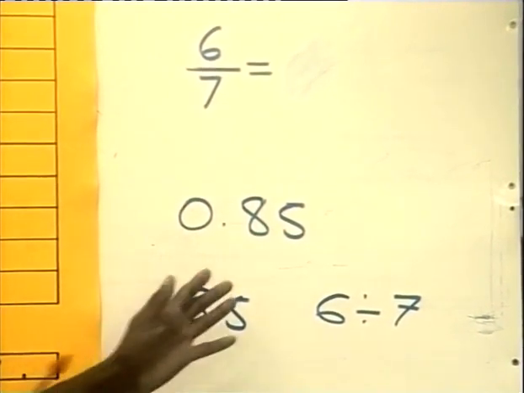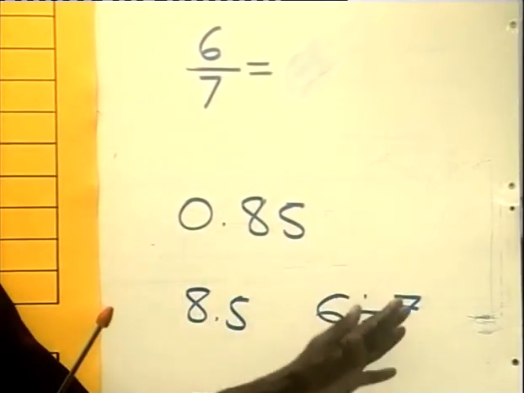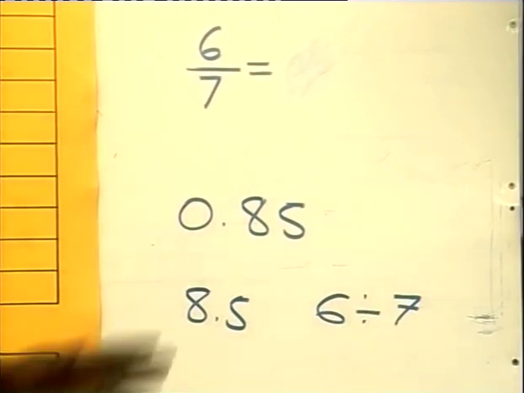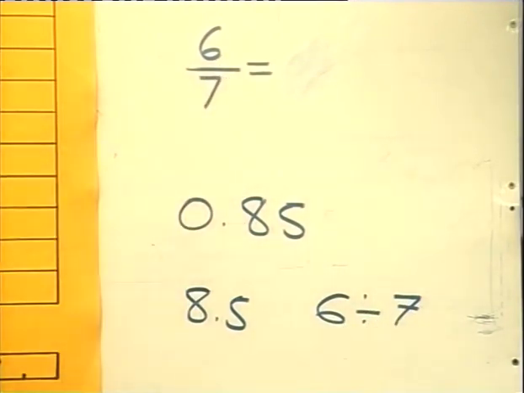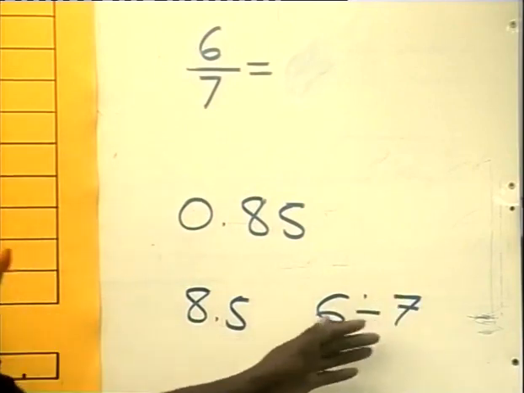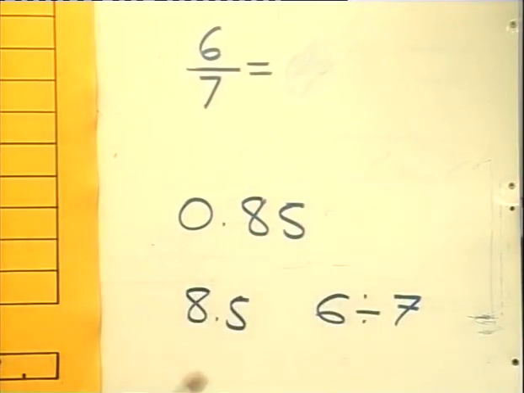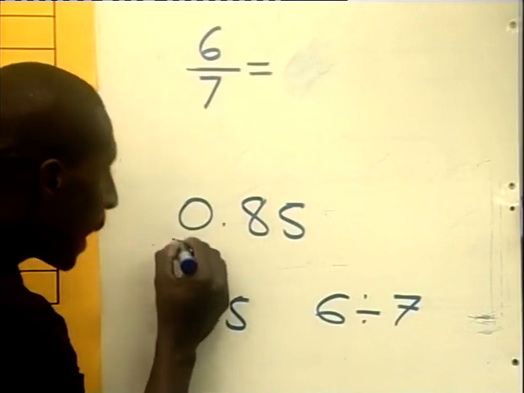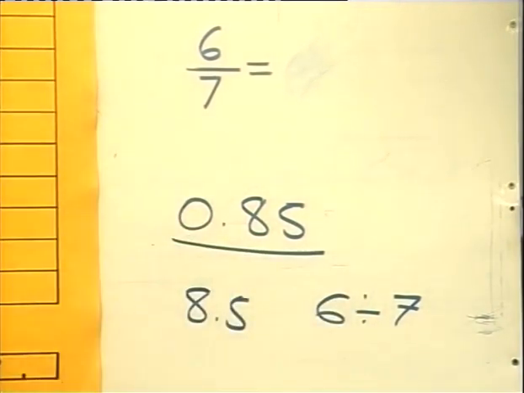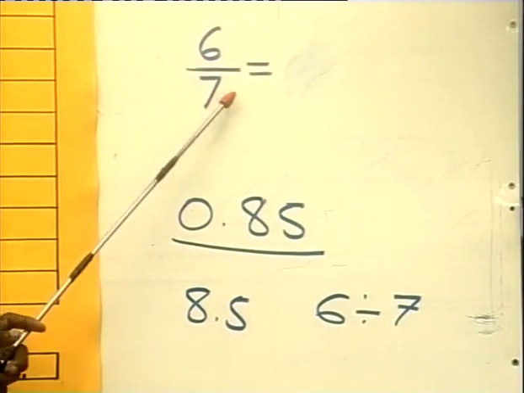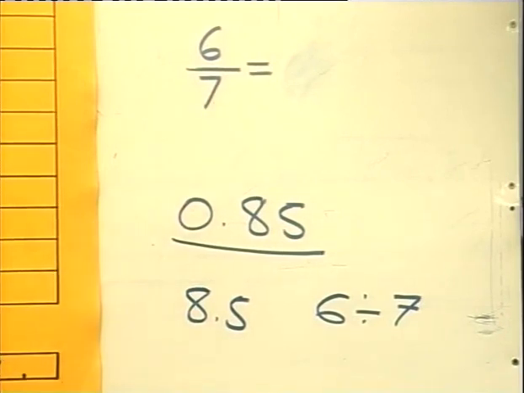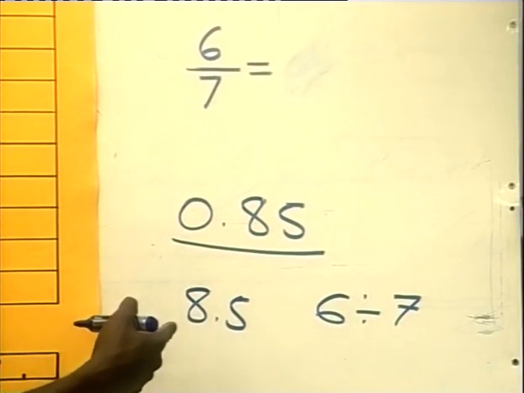Or in other words, 6 divided by 7. So what your friend did, she divided 7 into 6, and she got this answer 0.85. Now, can we prove that answer? Because we have two different answers here.